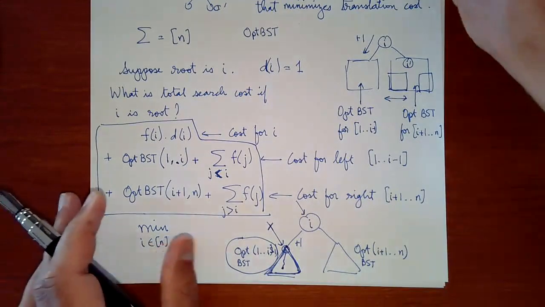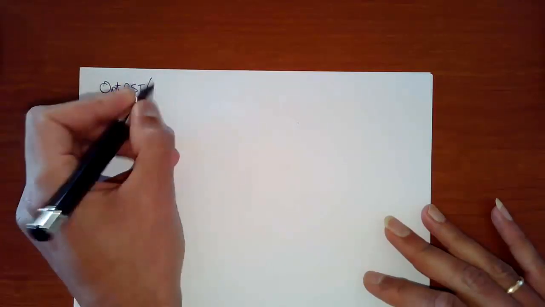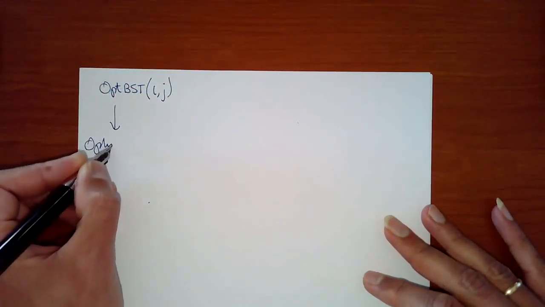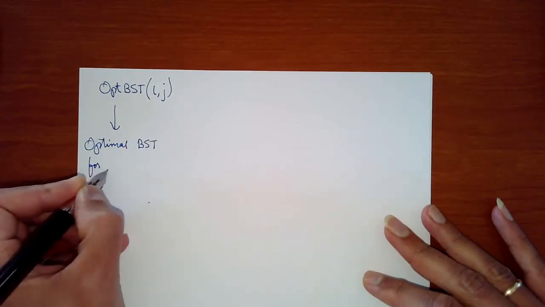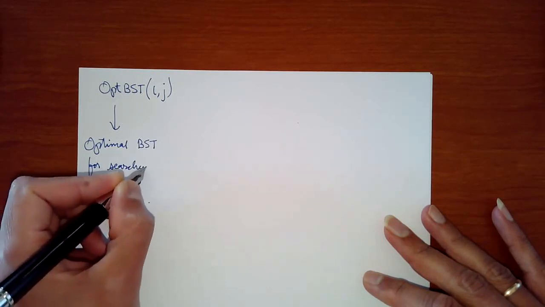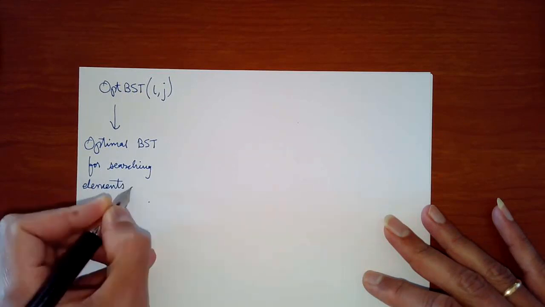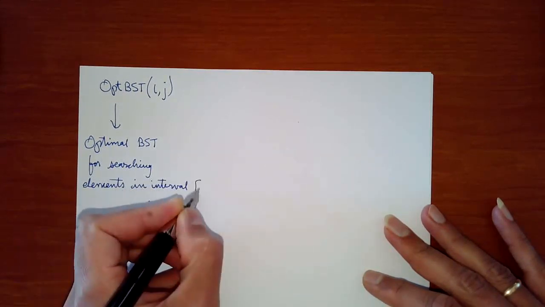Okay, so now let me rewrite this. In the dynamic programming, I'll say opt BST, and now I'm going to use indices i and j. What is this? This is the optimal BST for searching elements in the interval ij.